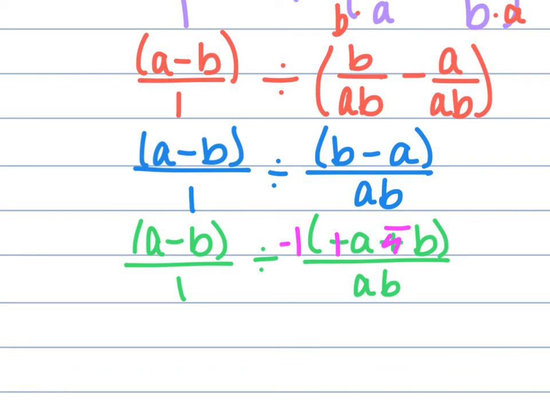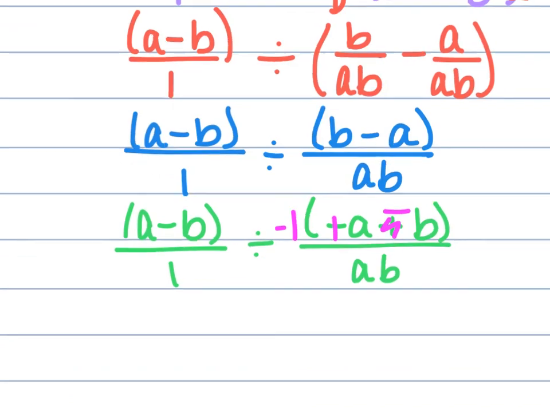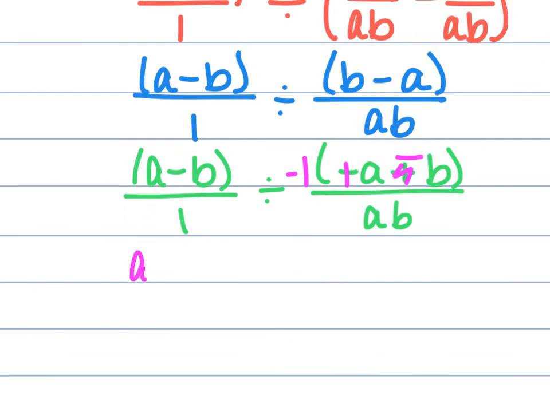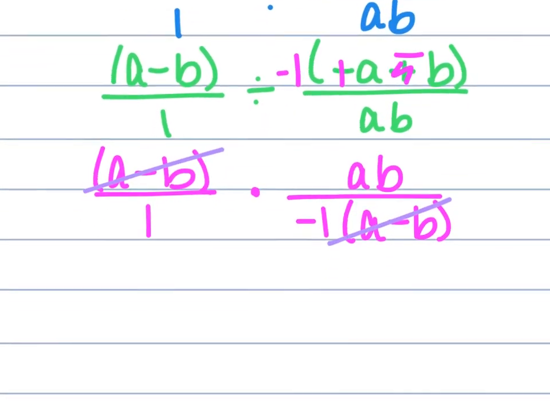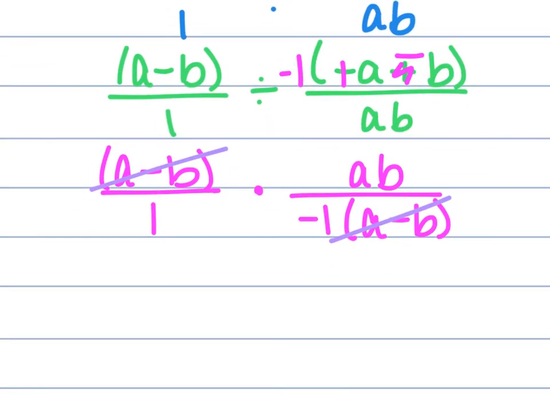So now when we keep, change, flip, we can cancel things out. So this is going to be a minus b over 1 times ab over negative 1 times a minus b. Those a minus b's are the same, so they can cancel, and negative 1 is underneath the ab, so it's just going to be negative ab for our answer.